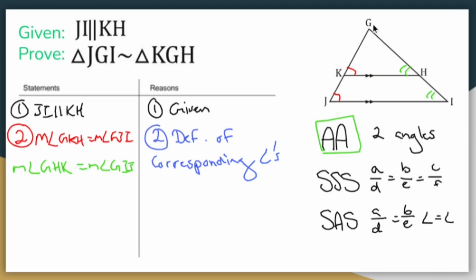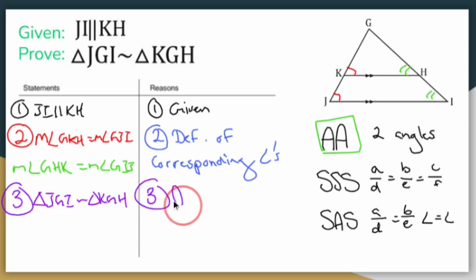But like I said, we don't need that because we only need 2 angles to be the same. And so since 2 angles are the same, we have enough information to say that triangle JGI is similar to triangle KGH. And that is using the double A theorem.